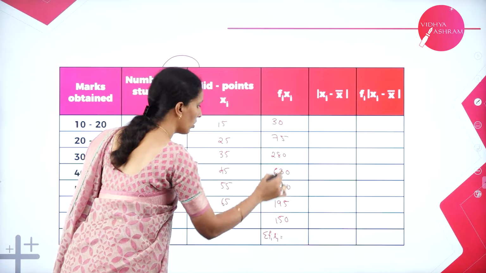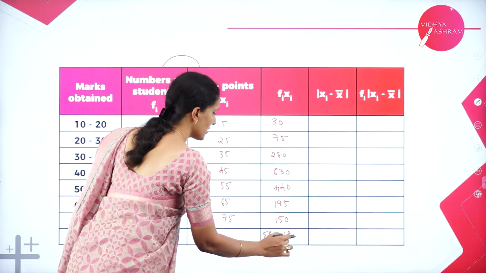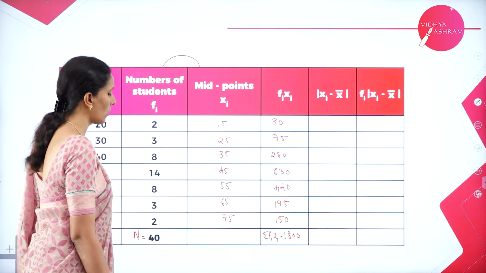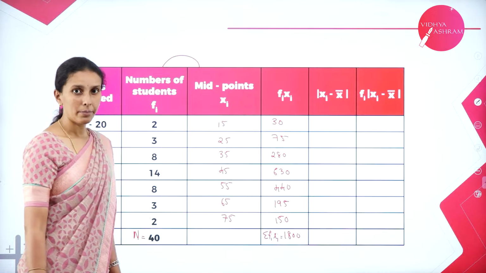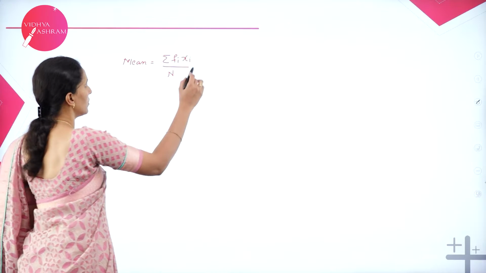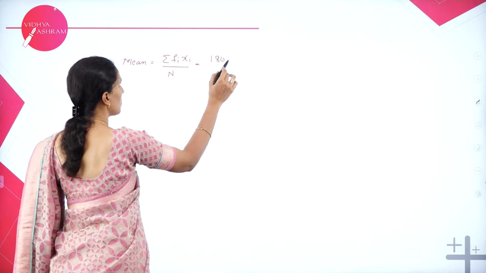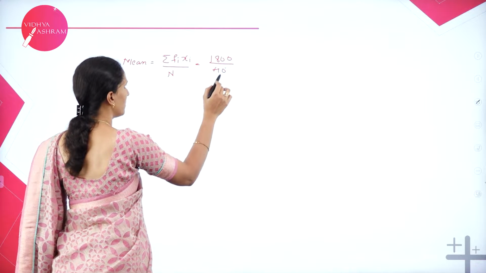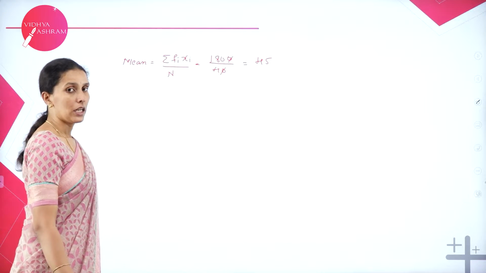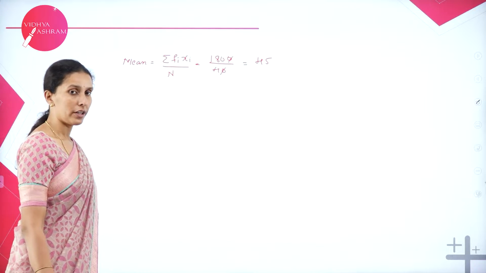When you add all these values, you will get 1800. So 1800 divided by 40 gives the mean, 45. That is x bar is equal to 45.